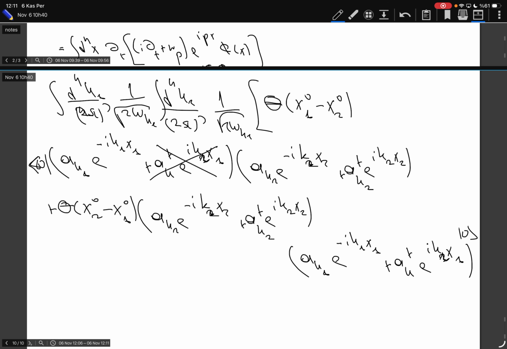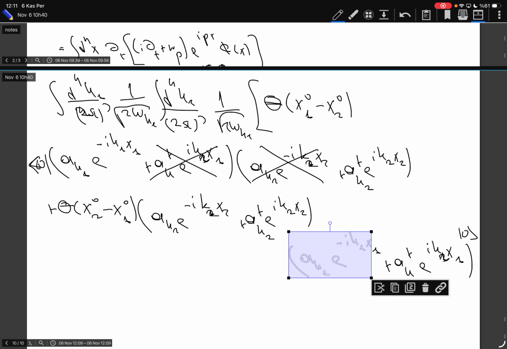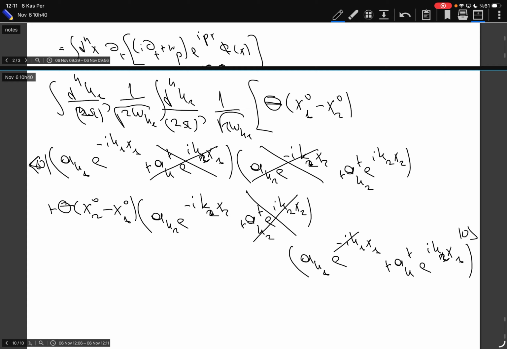And similarly, I have the annihilation operator over there, acting on the vacuum from the left. There is no contribution from that one. Similarly, this term over here will not contribute. It will annihilate the state on the left. And so will this one, it will annihilate the state on the right. So these are just 0.